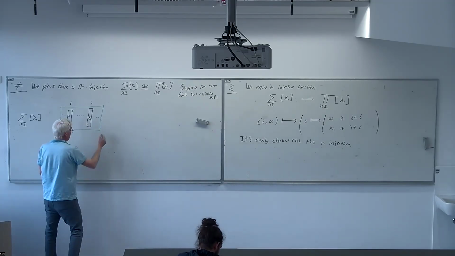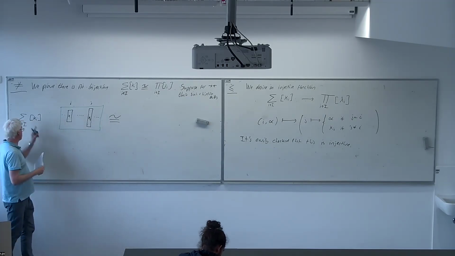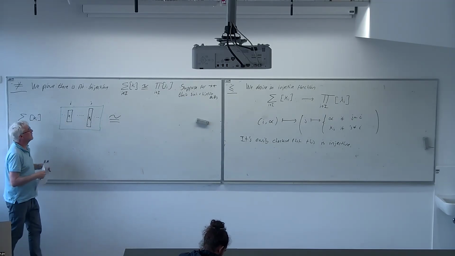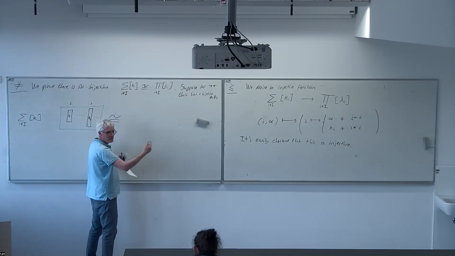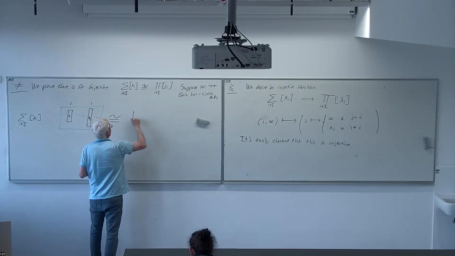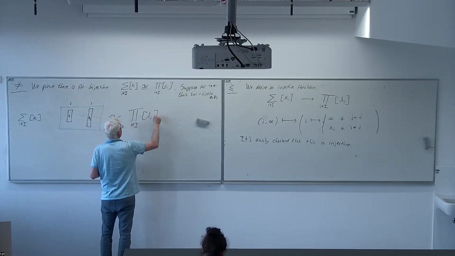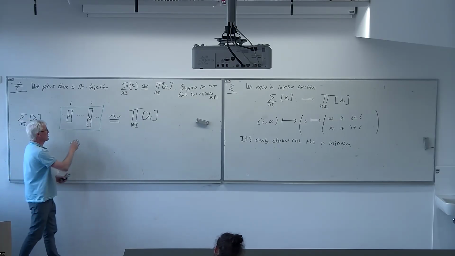In that case, we have a bijection here between this sum set, which looks like this green box, to, now, as far as I know, there's no good way of drawing a product set, a large product. And if somebody has a nice idea how to do it, that's fine. But since I don't have a nice way of doing it, we're going to do it like this. So we've got a bijection here.